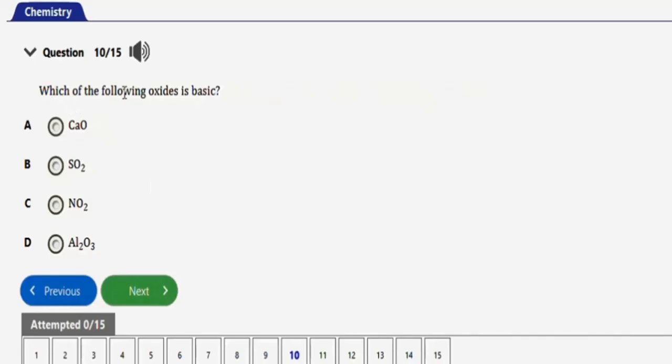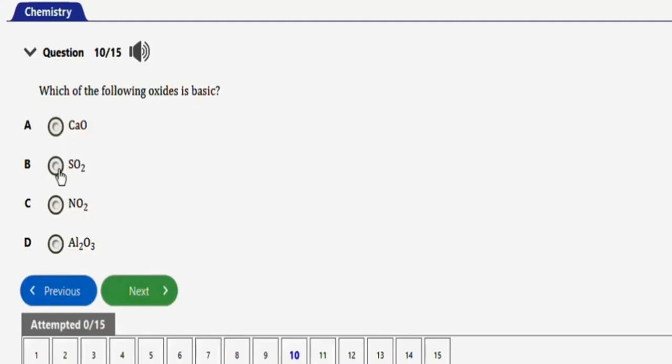Okay, so the next question will be this one. It says which of the following oxide is basic? So note that oxides of metals are basic in nature, and this kind of bases are usually weak in nature. So for what I've just said, the right option here will be option A. Calcium oxide is a weak base.